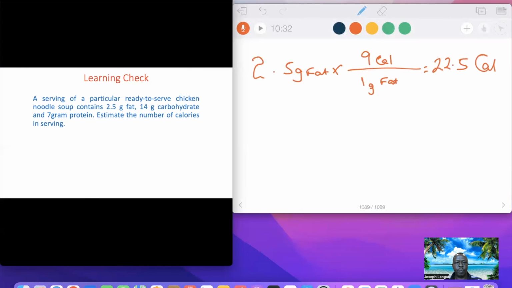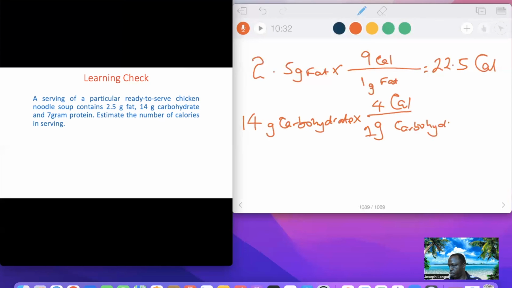You do the same thing for carbohydrates: 14 grams of carbohydrate times the conversion factor of 4 calories per 1 gram of carbohydrate, which equals 56.